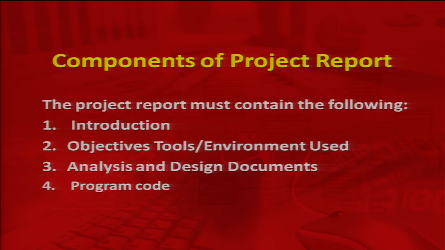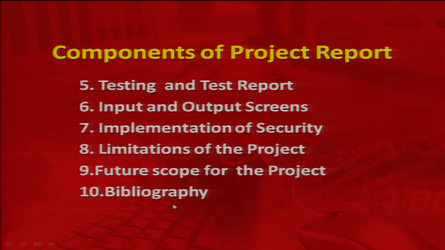Then the analysis and design document and program code, testing and test reports, input and output screens, and implementation of security, what you have done for the security of that system. Then the limitations of that project, and the future scope, if somebody is willing to further enhance that project. And in the last you have to give a bibliography related to your project activities. These are all the points you have to give as part of your project report.